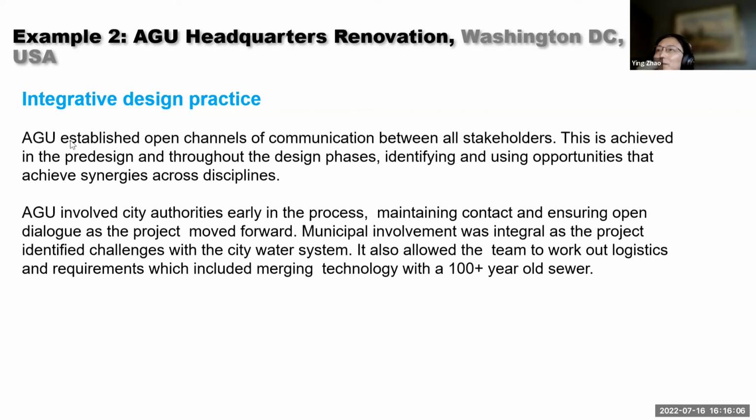This building established open channels for communication between stakeholders, starting from pre-design throughout the design phase, identifying unique opportunities and synergies across disciplines. And a unique thing is that they involved the city authorities early in the process.